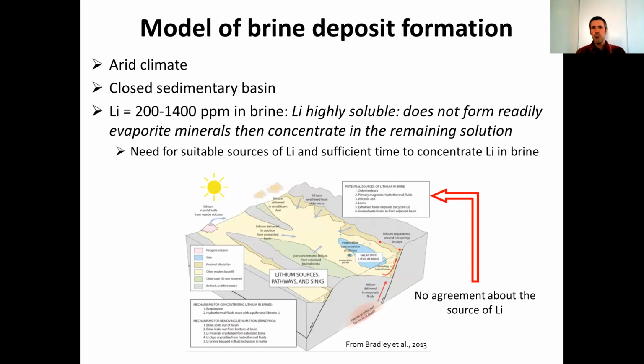Lithium is highly soluble. It does not form readily evaporate minerals. Then it concentrates in the remaining solution. So we need suitable sources of lithium and sufficient time to concentrate lithium in brine.